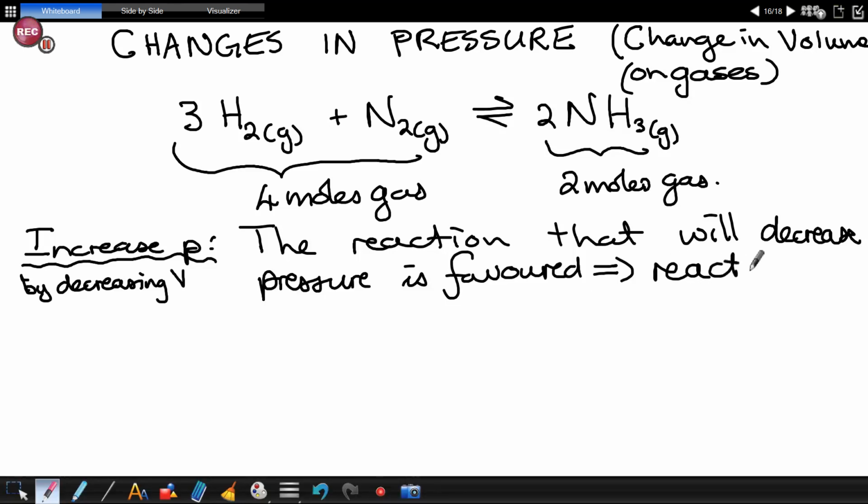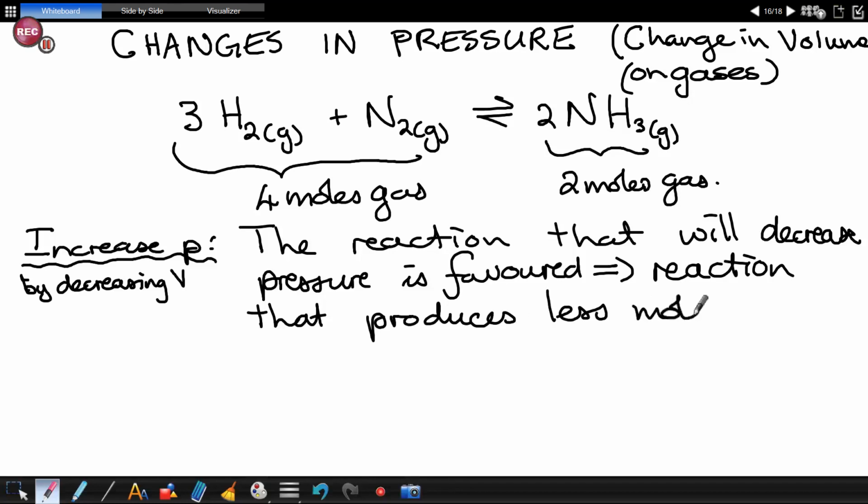Does that mean that the forward reaction is bigger? Yes, Tina. Yay! Tina has it. Fewer moles of gas will collide less.